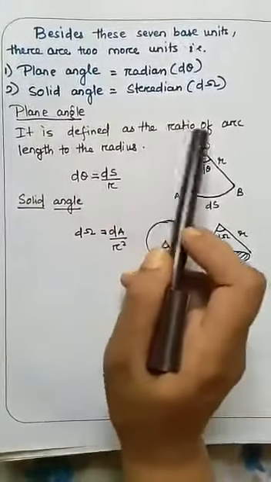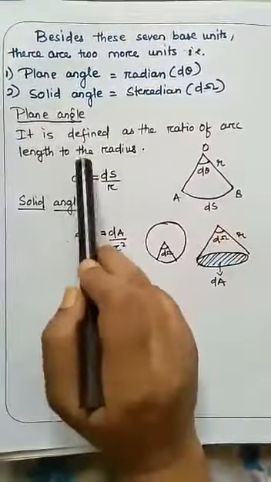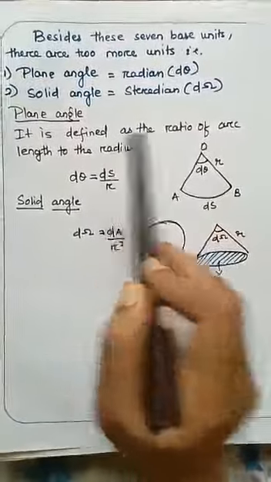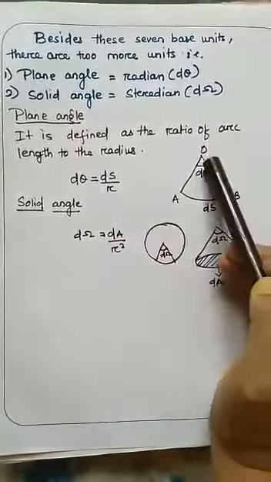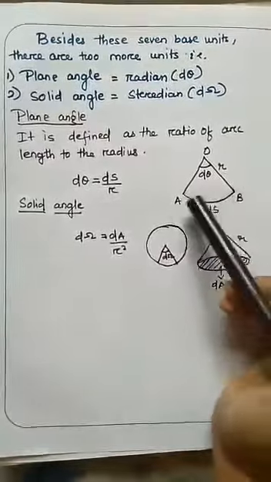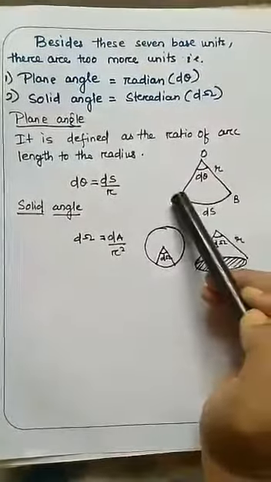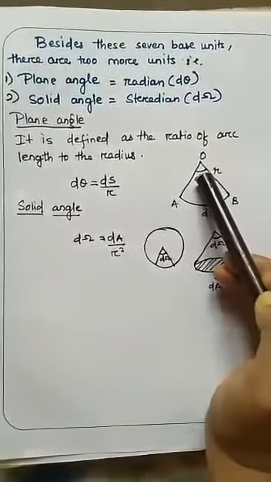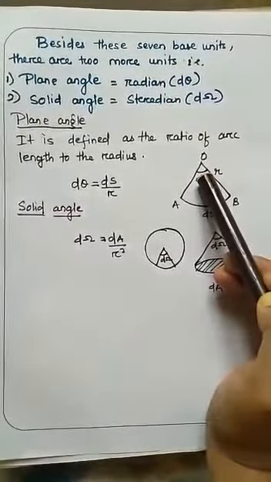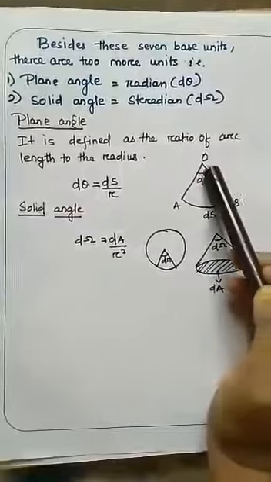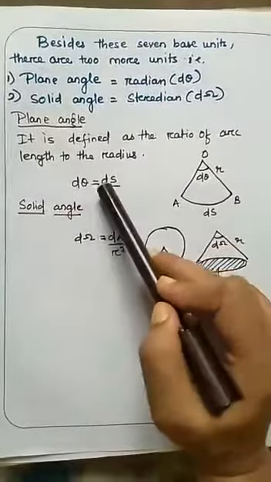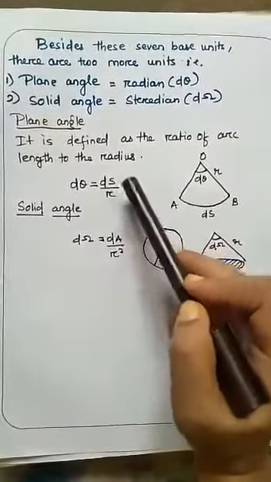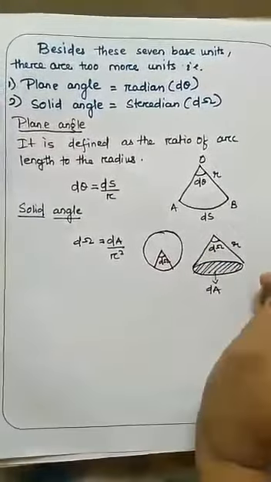It is defined as the ratio of arc length to the radius. Here I have made the plane angle, this is the arc, and this is the length. So dθ is equal to arc by length, so dθ = ds/r.